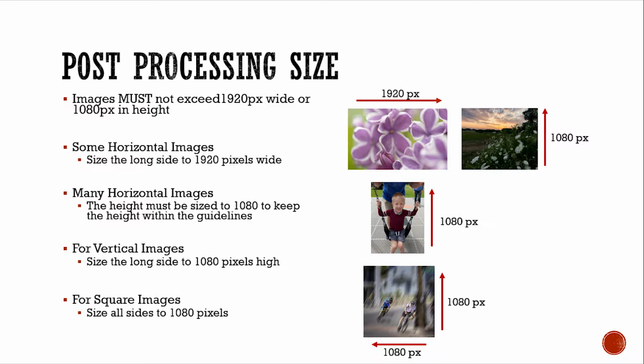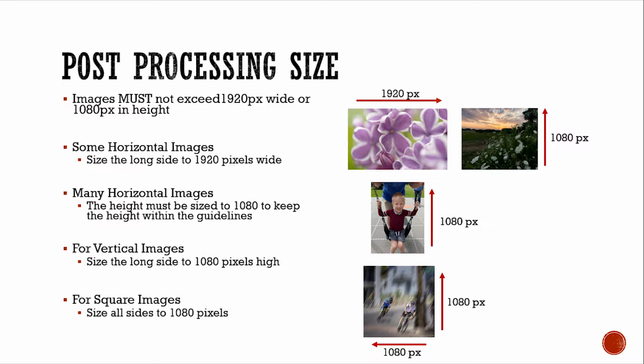So let's talk about some horizontal images. You will resize them using the horizontal measurement of 1920 pixels wide. Those images, though, need to be cropped to a 16:9 aspect ratio, or something kind of on the elongated, widescreen type look.